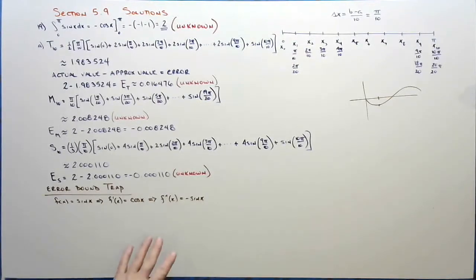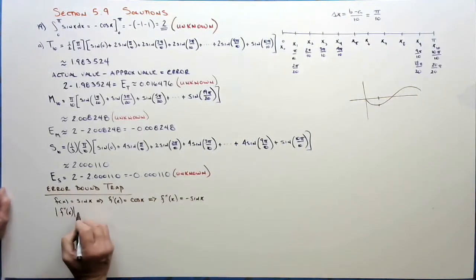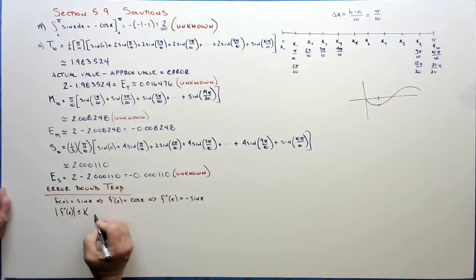So what are we going to use for our bound? Because remember, we're looking for the absolute value of the second derivative of x, absolute value is going to be less than or equal to k.